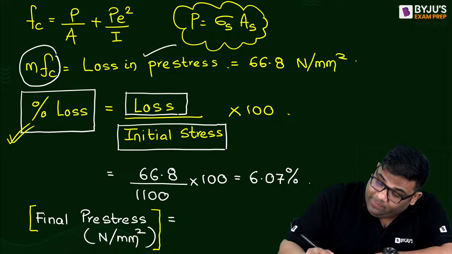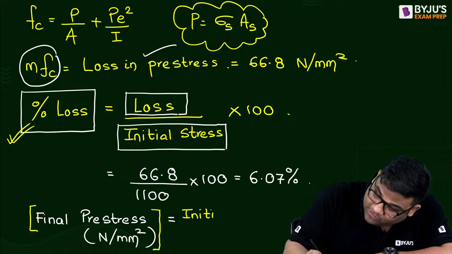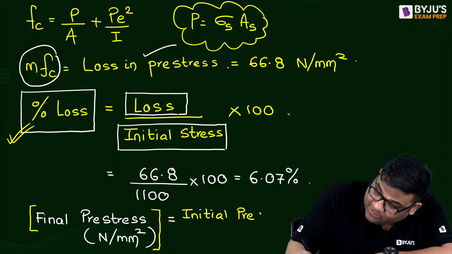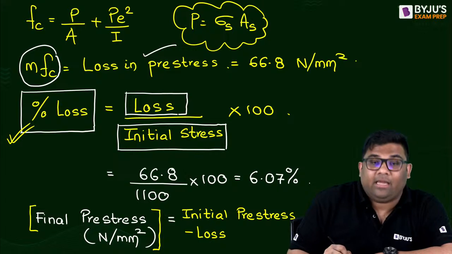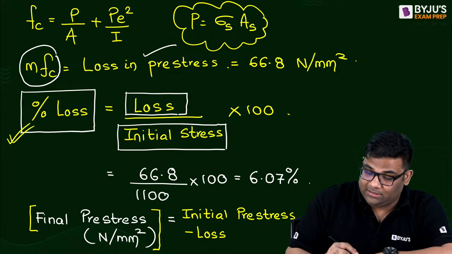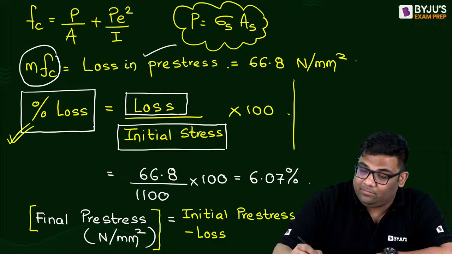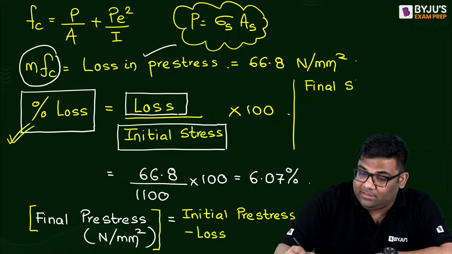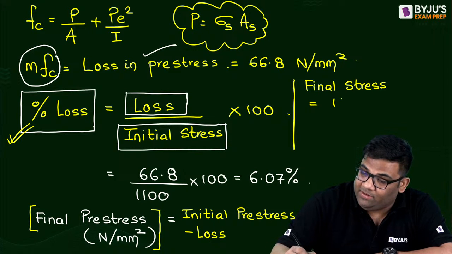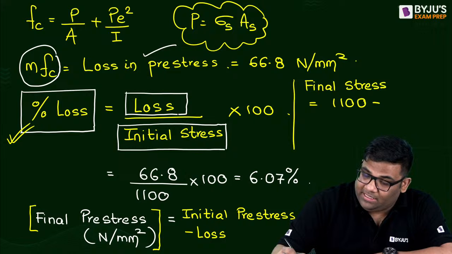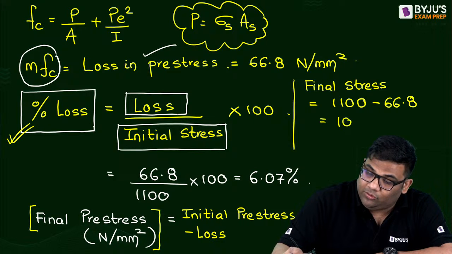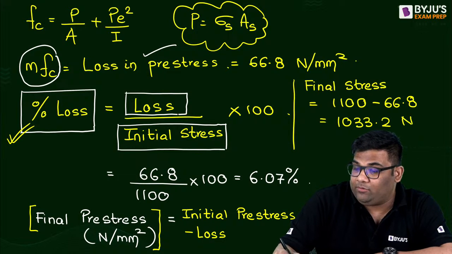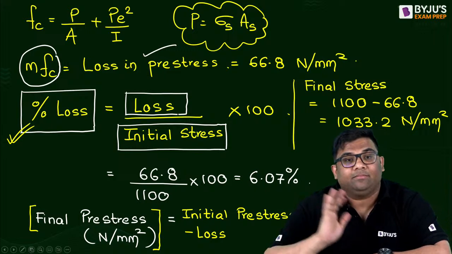Very easy, it will be the initial pre-stress minus the loss. So the final pre-stress: the initial was 1100, and we subtracted the loss that is 66.8, so how much am I getting? I'm getting 1033.2. Very good, easy.